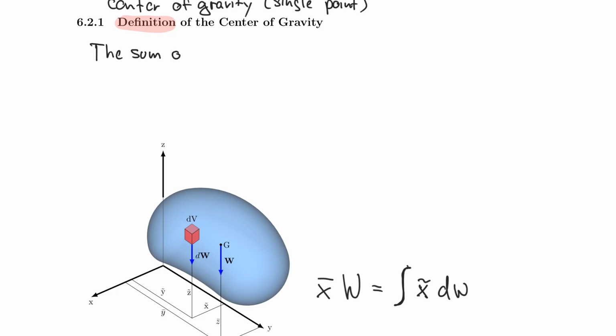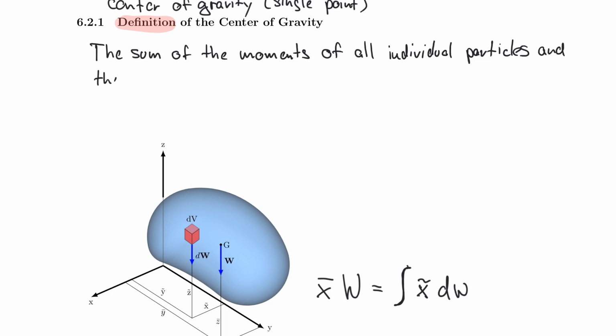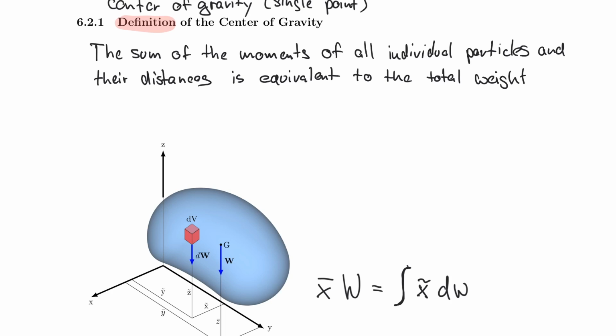The sum of the moments of all individual particles and their distance is equivalent to the total weight multiplied by its distance to the origin in our case.